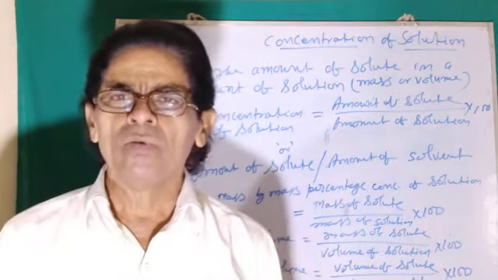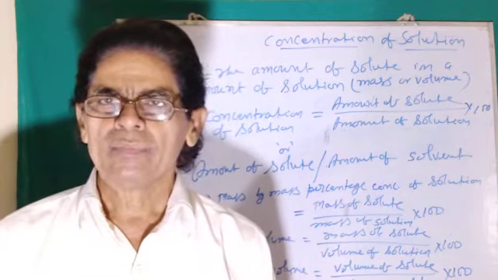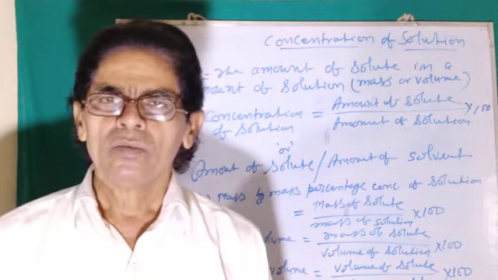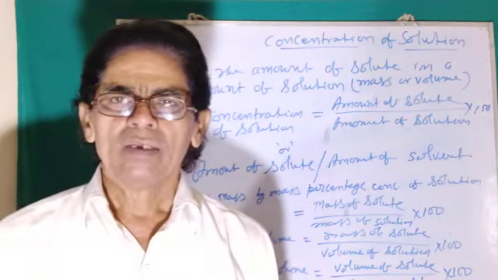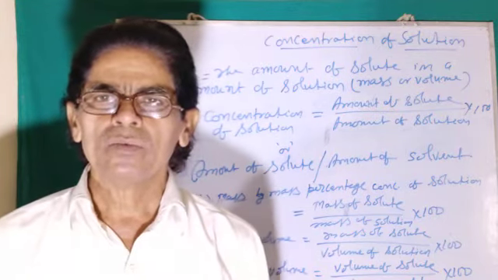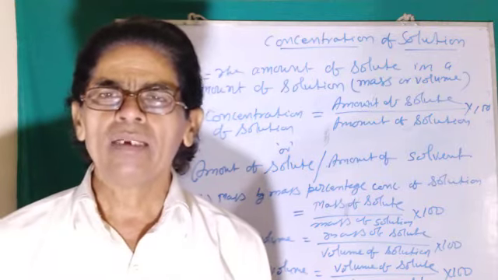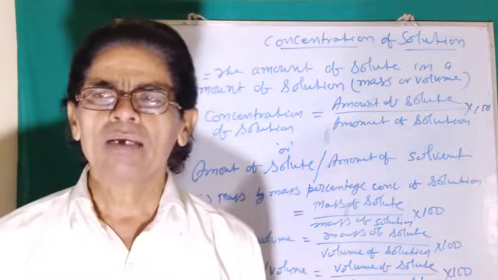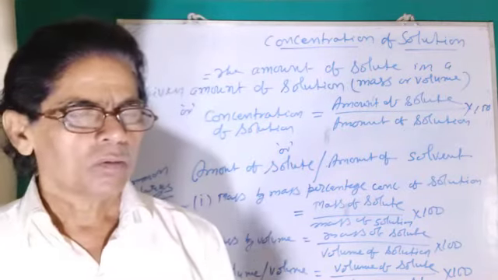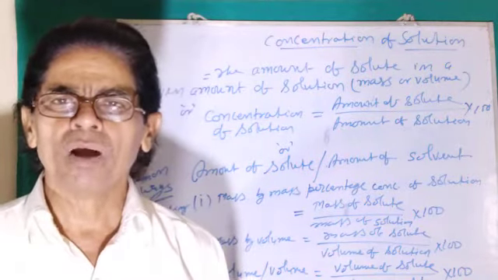The third way of expressing the concentration is volume by volume. There are certain solutes which are taken in terms of volume, just like when the solute is in liquid form.